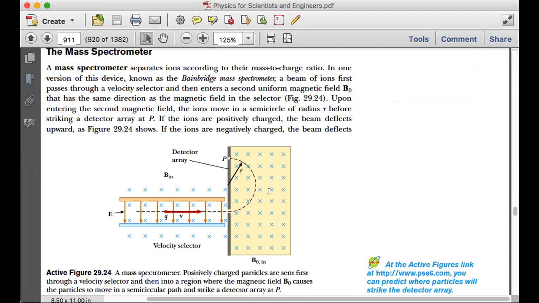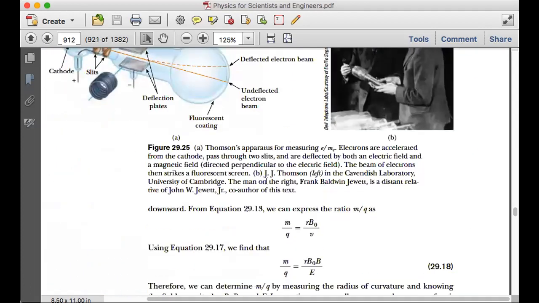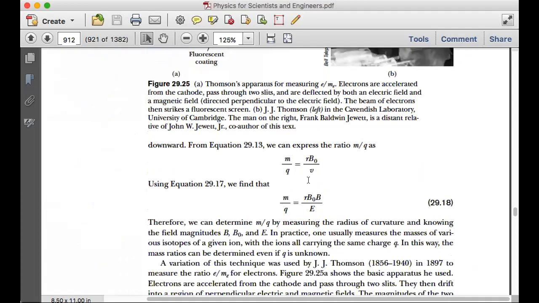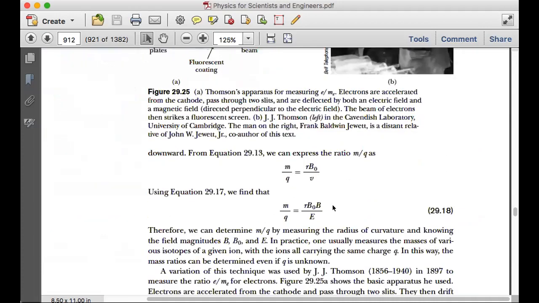The direction of B0 is into the paper, so they will have a circular path. Then we can also compute the radius of the particle to get this relation, equation 29.18.